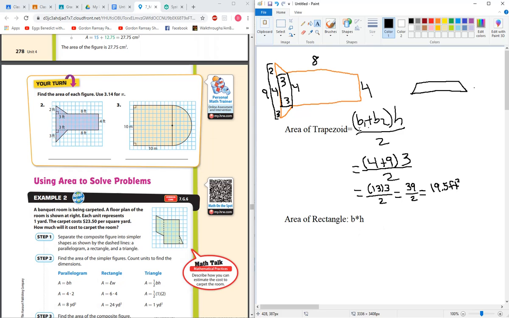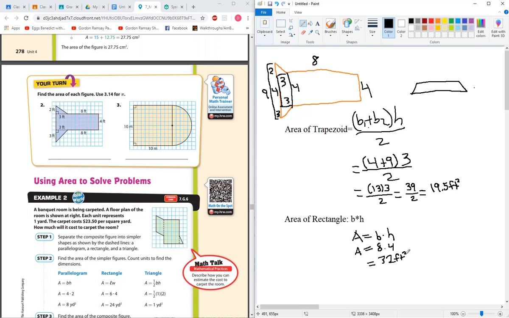So my base here is going to be 8. My height is 4. So that means I have 32. That means this area is 32 and this area is 19.5 feet squared.